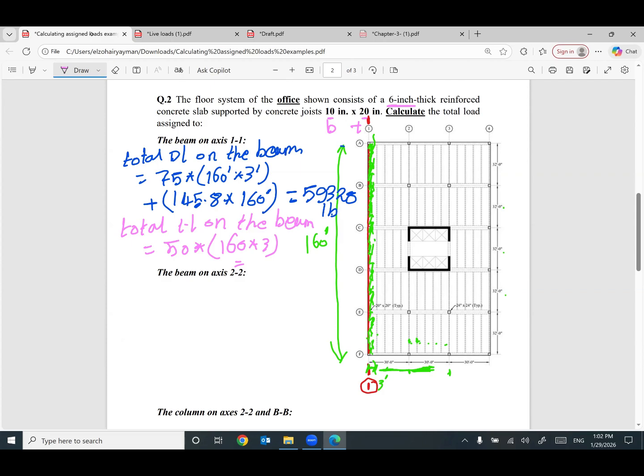It will be 24,000 pounds. Then you can add this one to this one to get the total. To get the total load on the beam, you need to add 59,328 plus 24,000. The total will be 83,328 pounds. That makes sense?